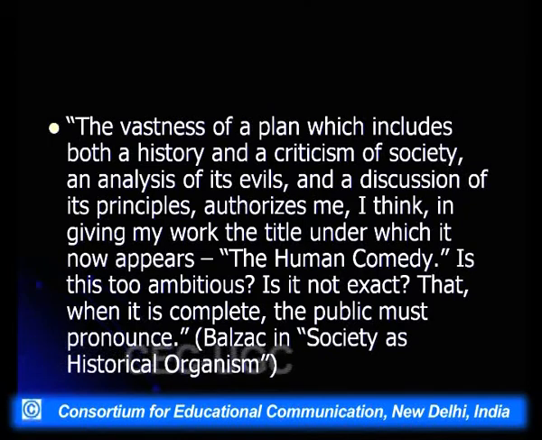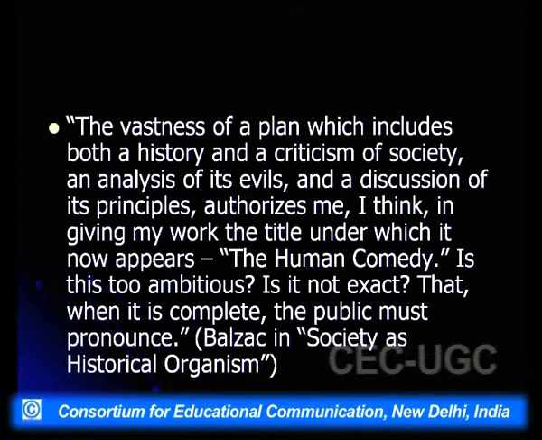And viewers, Balzac didn't write one or two novels only. He wrote more than 40, and if he had a longer life, if he had another 15-20 years, then he had a plan to write more than 100 novels. And he said in those novels he will describe the life of France in different parts of its existence.